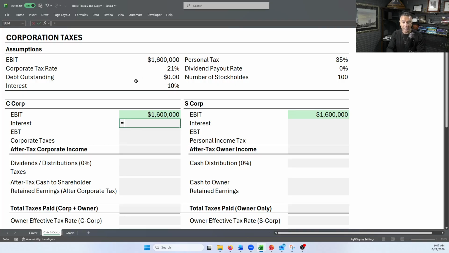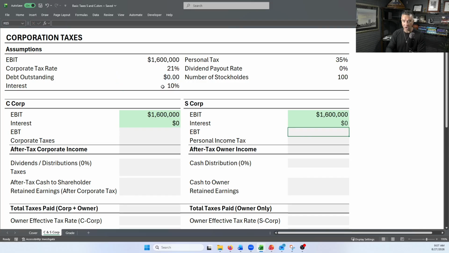So then we want to know the interest. Well, how much debt do we have? Even though it's zero, you want to make sure your model is dynamic, as in if I changed this and I put $1 for debt, I want this to be impacted as well. So I'm going to do the debt outstanding, and I'm going to multiply it times the interest rate. And we'll do the same here, no difference.